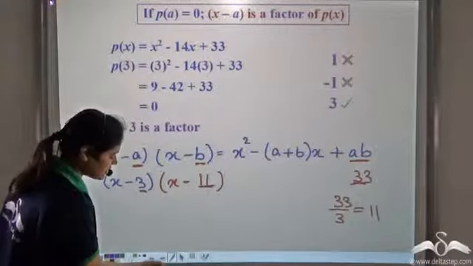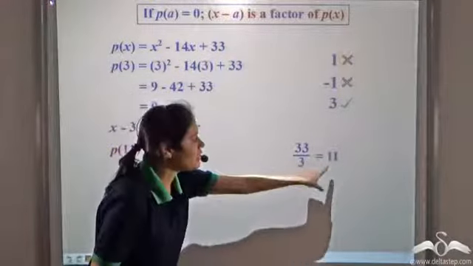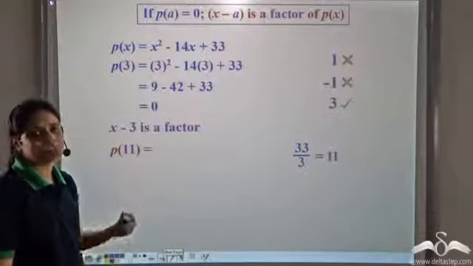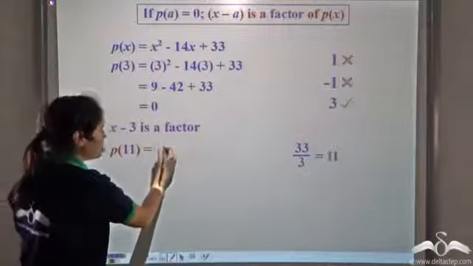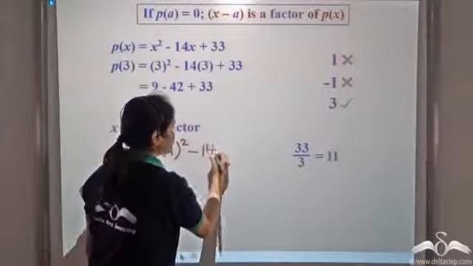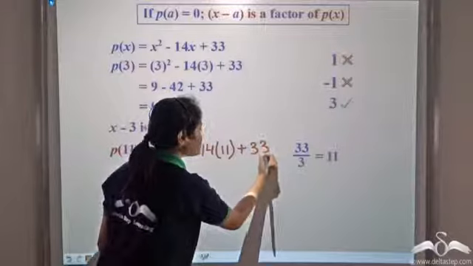But let us check this using the factor theorem. 33 divided by 3 gives us 11. Let us check whether P(11) is actually 0. So we substitute x equal to 11. We get 11 square minus 14 into 11 plus 33.